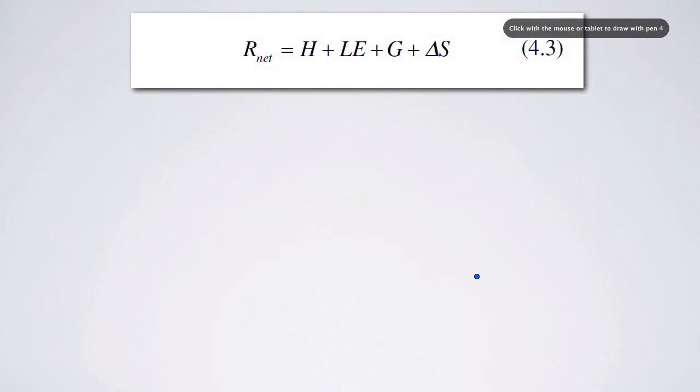If we take a look at the equation for net radiation for the different components that we just covered, again, we start with net radiation, and net radiation here is going to be positive when it's directed towards the surface. So essentially, when an ecosystem absorbs radiation on the whole, we have a positive net radiation.